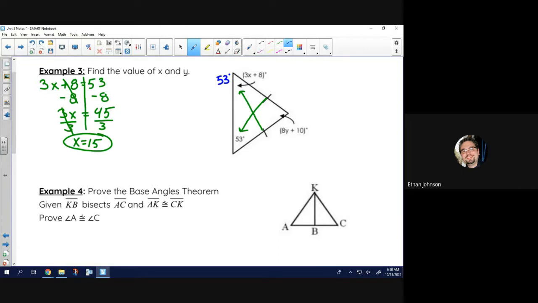So all angles of a triangle add up to equal 180. So I can say 53 plus 53 plus 8y plus 10 equals 180. Combine like terms, so that would be the 53, the 53, and the 10 to get 116.